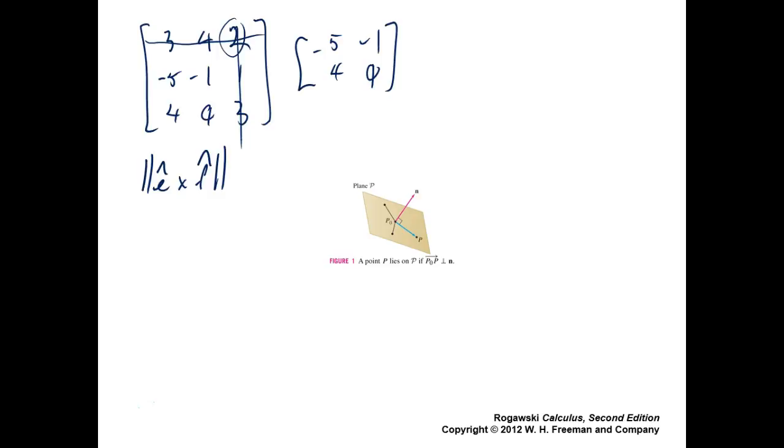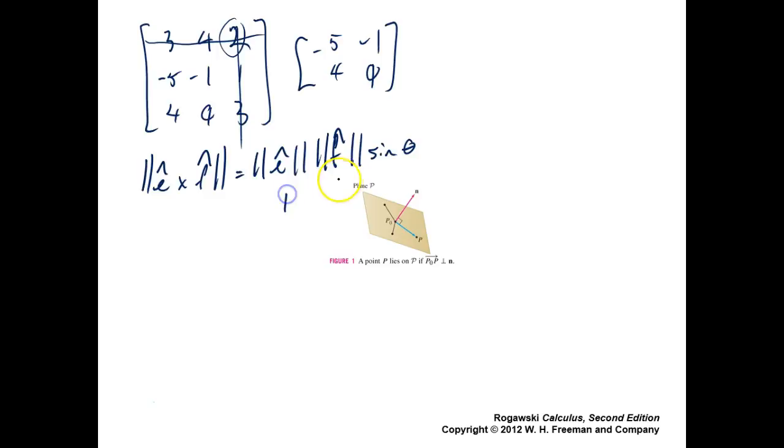You remember the definition for that? The magnitude of E times the magnitude of F times the sine of the angle in between. They didn't give it a name, so I'm going to call it theta. I think I know what the magnitude of E is. The angle between two unit vectors E and F. 1.